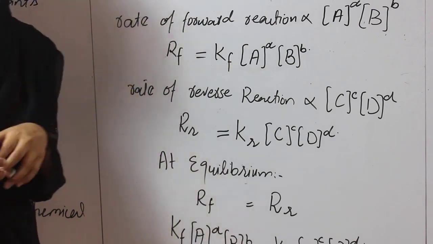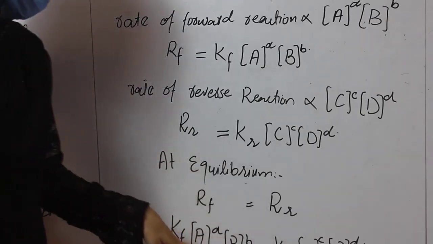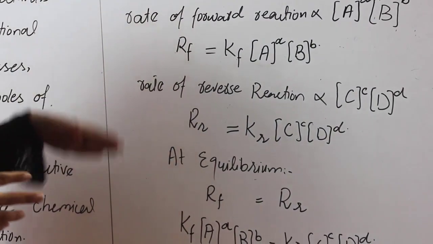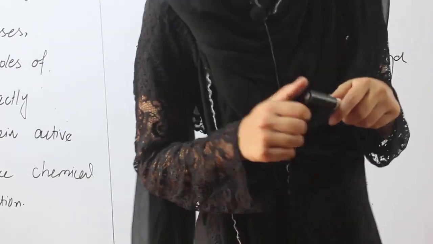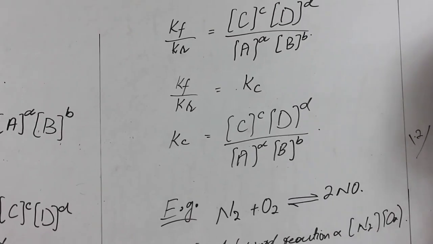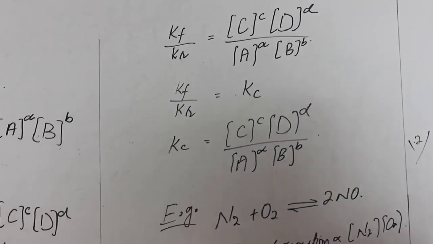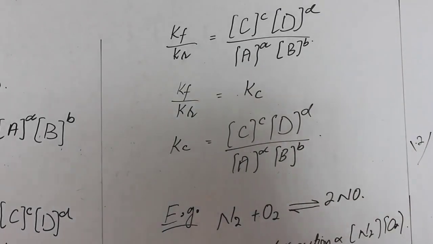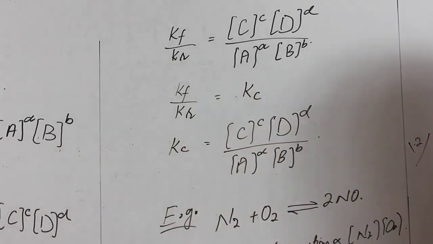At equilibrium, when the rates of the forward and the reverse reaction are equal but in opposite directions, we put in the values of the forward and the reverse reaction and apply the cross exchange method. By applying the cross exchange method, the constants are put on one side of the equal sign and the variables on the other side.